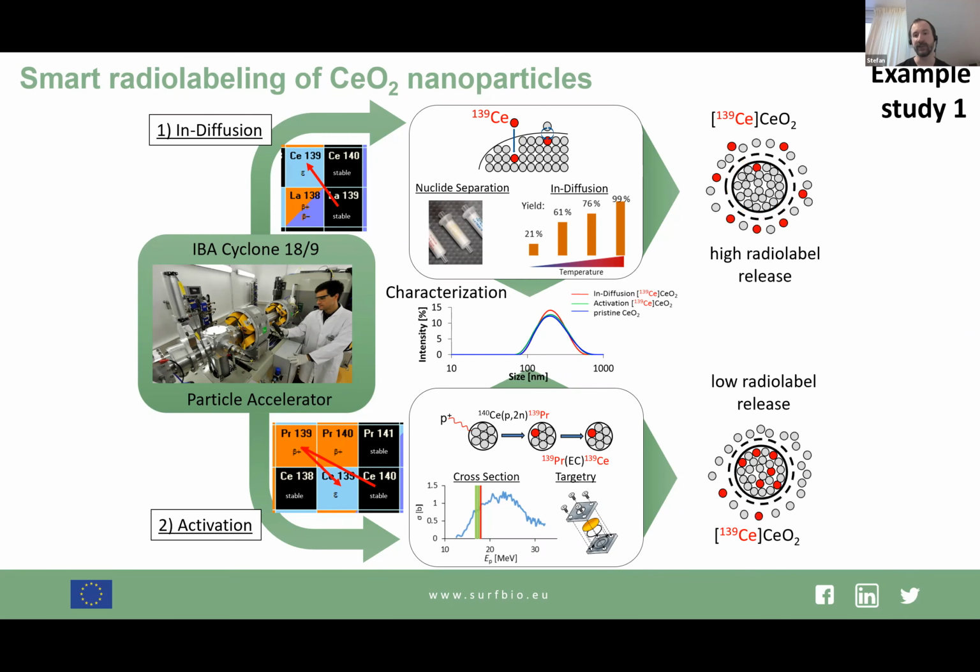And if you imagine that we dissolve them, for the in-diffusion route we get a high radiolabel release upon dissolution because the radiolabel is closer to the surface of the particles. And for the activation route, we get a lower radiolabel release. This we can, of course, use to track dissolution phenomena.